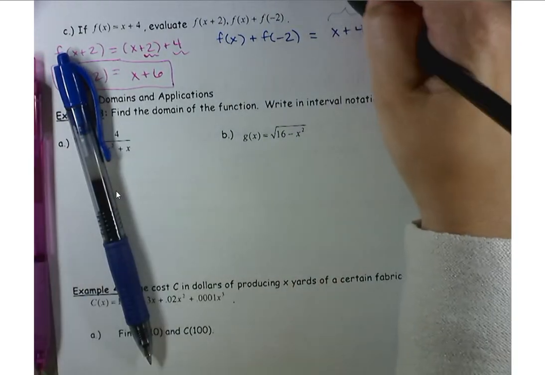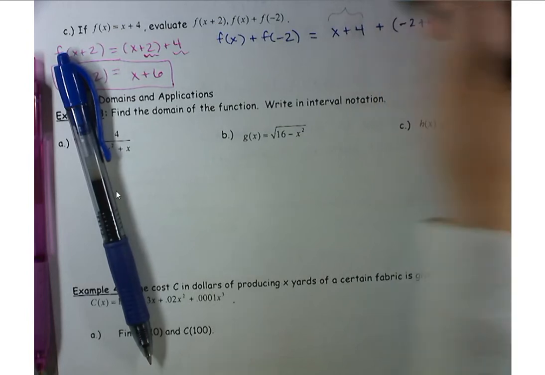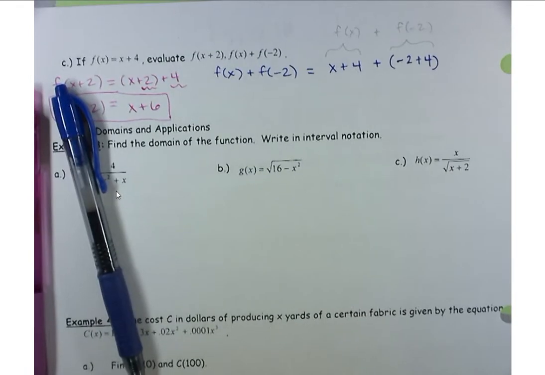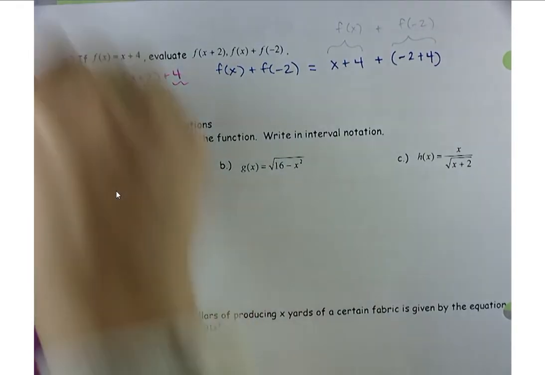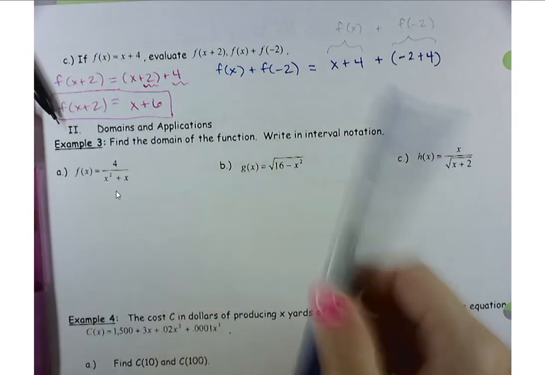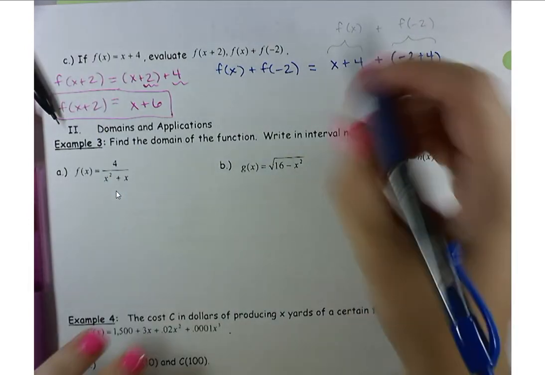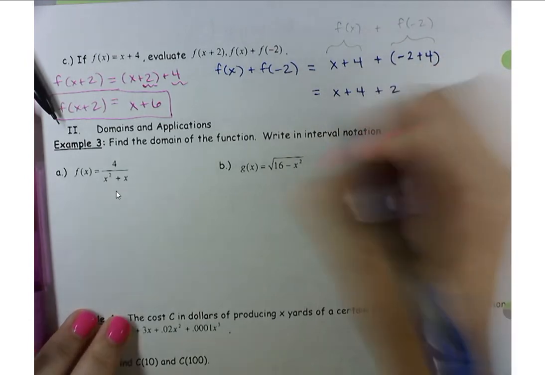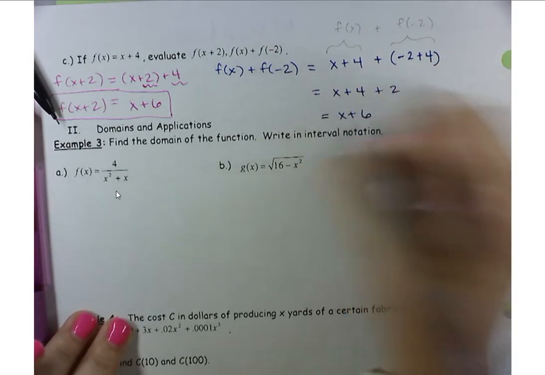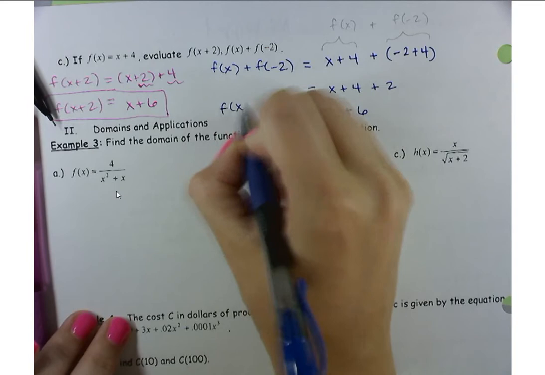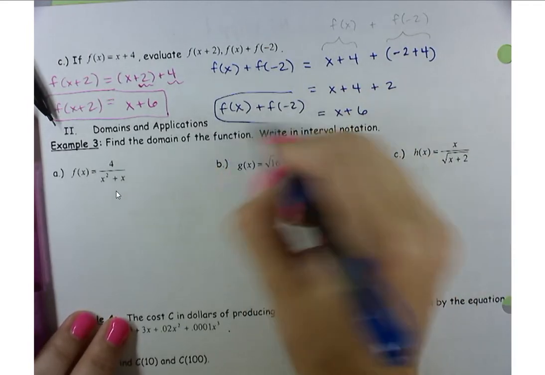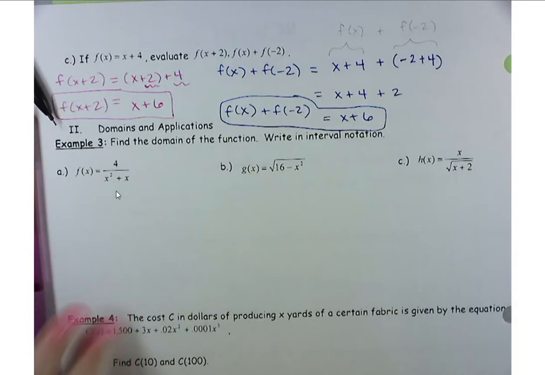Okay, and then you can go ahead and simplify. So this is x plus 4 plus 2, which is going to be x plus 6. So f of x plus f of negative 2 just happens to be x plus 6, just like the one we just did.